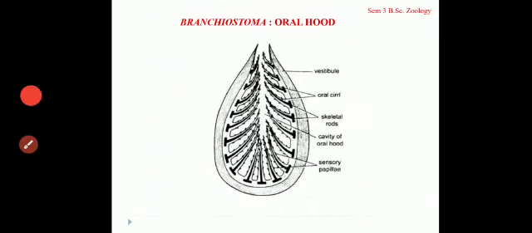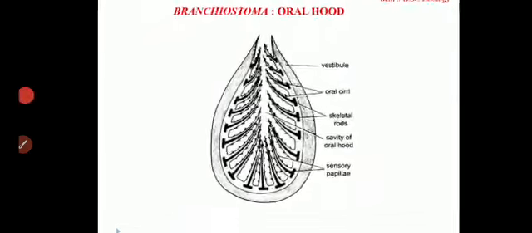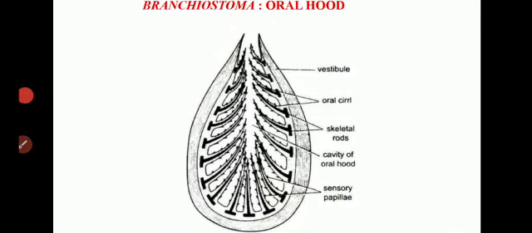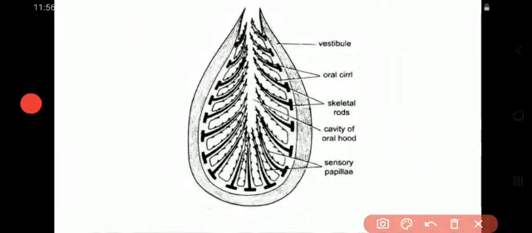Now this is the oral hood. I'll just enlarge it. Here you can see the enlarged part of the oral hood. And actually what is the oral hood? The oral hood is formed by the dorsal and the lateral projections of the anterior end of the trunk.